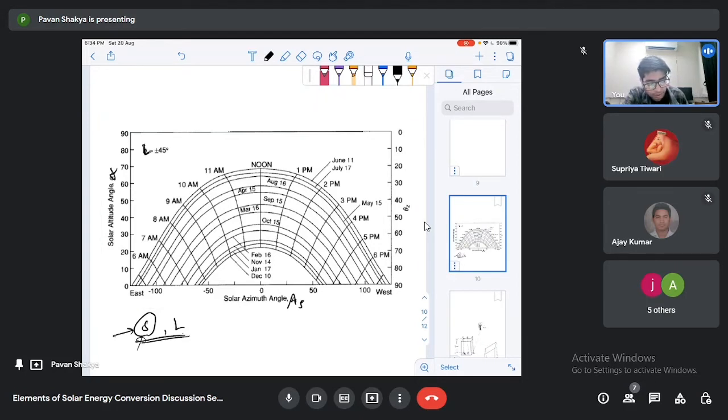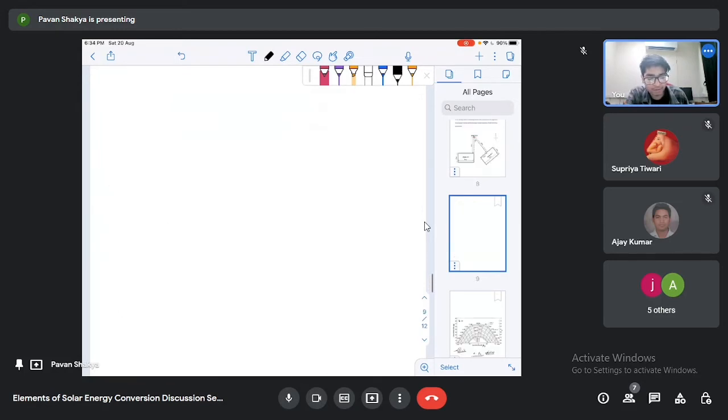In the graph, the solar altitude angle alpha and the azimuth angle are changing, so these are the variables. Now we will see how to use it with this problem.